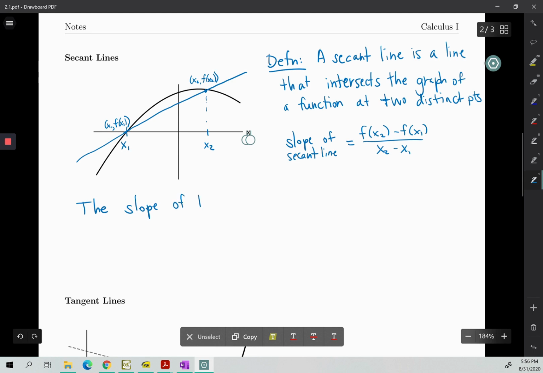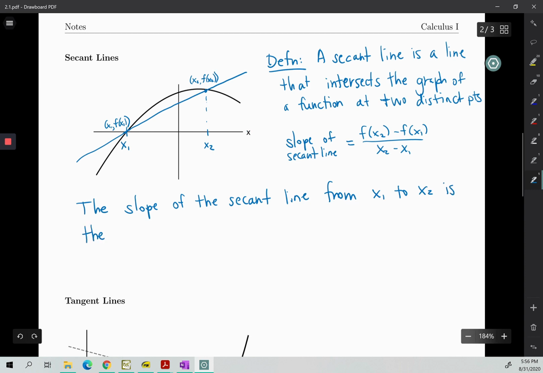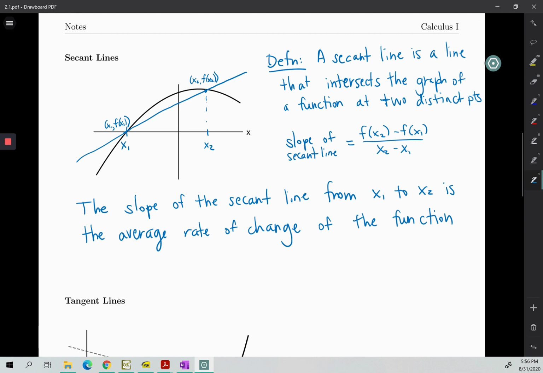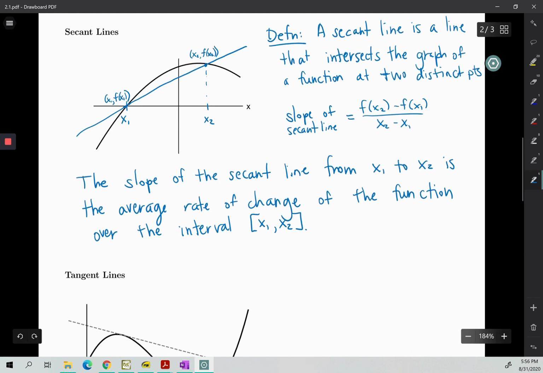Slope of the secant line equals the average rate of change of the function.